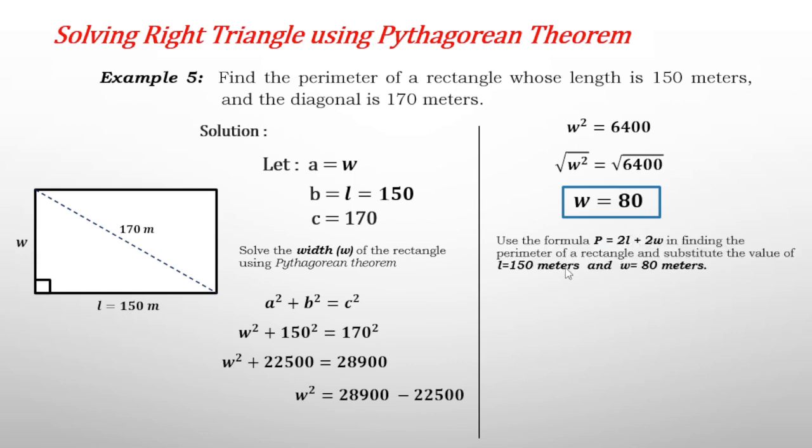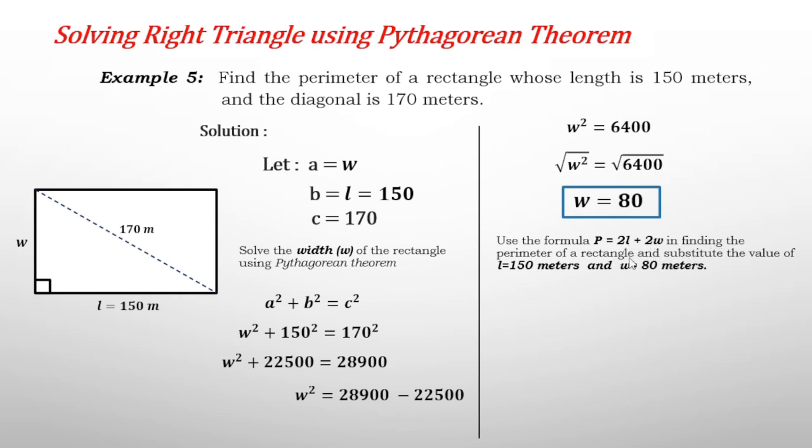In the problem, we're going to find the perimeter of the rectangle. So in finding the perimeter, we're going to use the formula P is equal to 2L plus 2W. Or in other words, the perimeter of a rectangle is equal to twice the length plus twice the width.